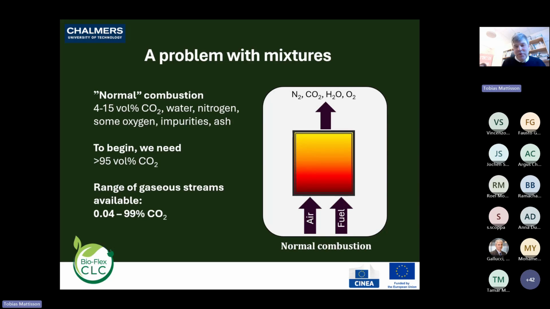In principle, if you're going to do CCS and CCU, you can do this from a fuel conversion process, like a combustion. But normal combustion processes usually result in gas streams with a lower concentration of CO2 than pure CO2, maybe 5 to 20%.